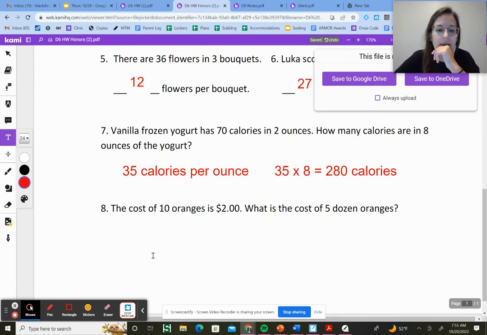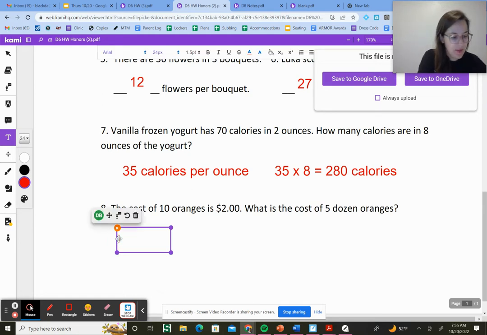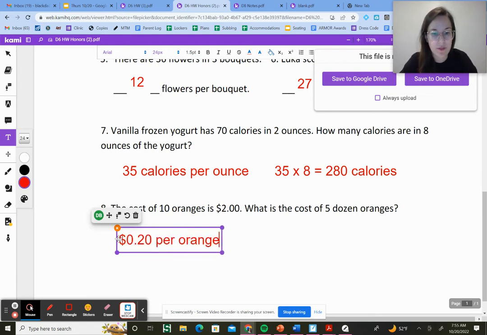All right, number 8. The cost of 10 oranges is $2. What is the cost of 5 dozen oranges? All right, so I would do 2 divided by 10, which is 0.2. So that's 20 cents per orange. And then 5 dozen, since 1 dozen is 12, 5 dozen is 60 oranges.